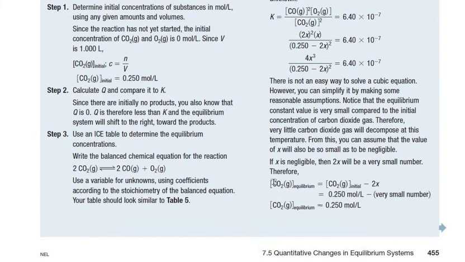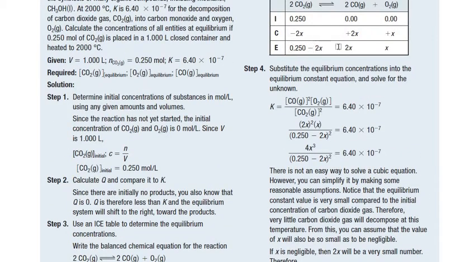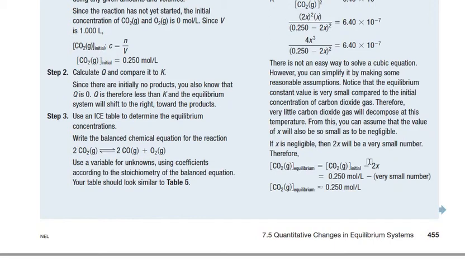So CO2 at equilibrium, which is 0.25 minus 2x, since x is a very small number, 2x is going to be very insignificant. So we can say approximately the concentration at equilibrium for CO2 is 0.25. So the denominator here is going to be just 0.25, and it's going to be much simpler than before.